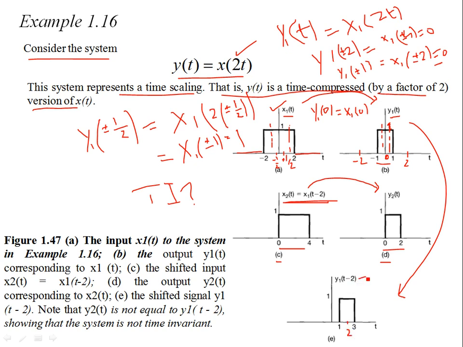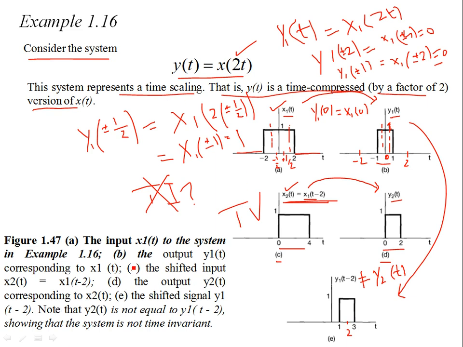And this is not equal to y2(t), which means that the output y2, in response to x2, which is the time delayed version of the original x1, is not the same delayed version of y1(t). Therefore, the system is not time invariant. The system is time varying. So the time scaling system is time varying.